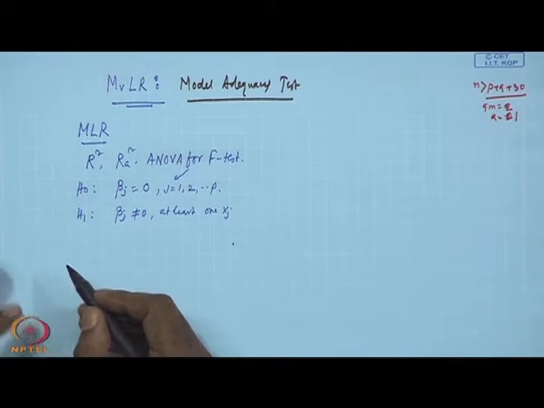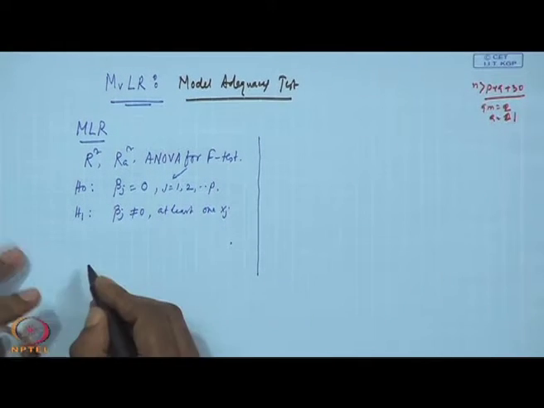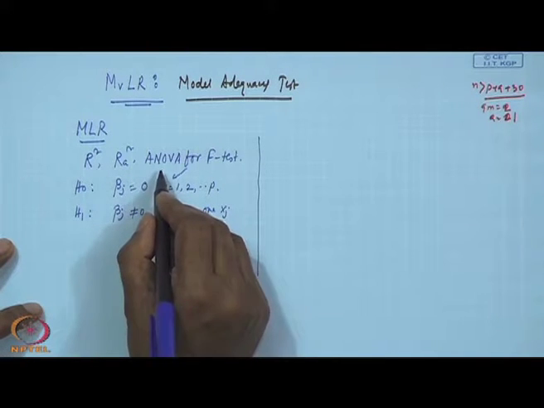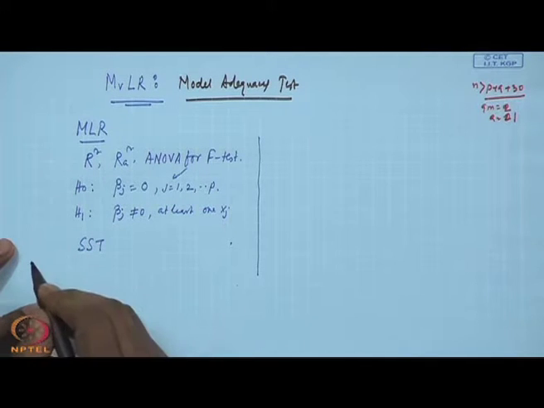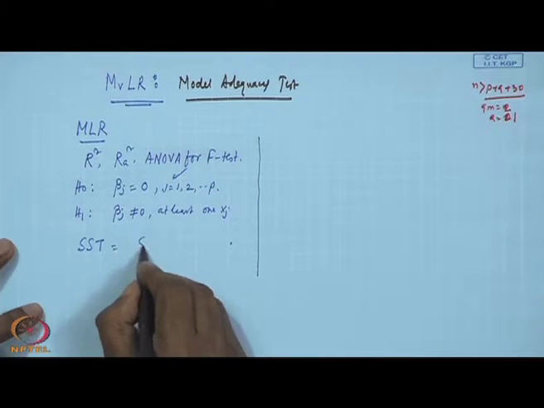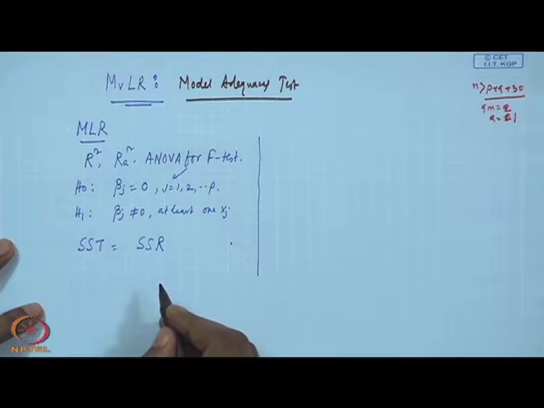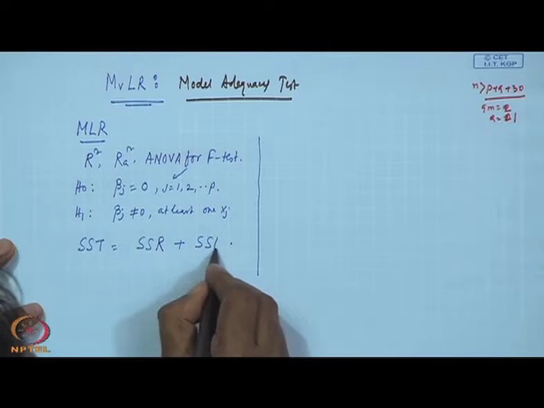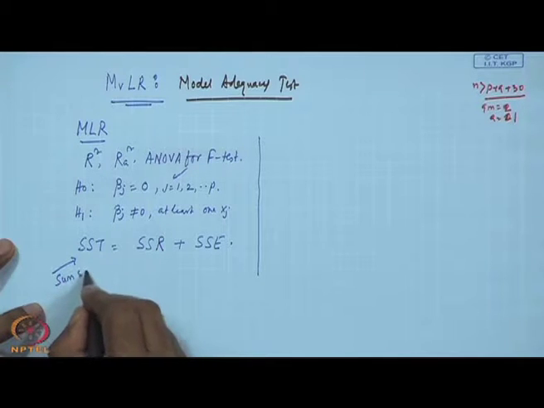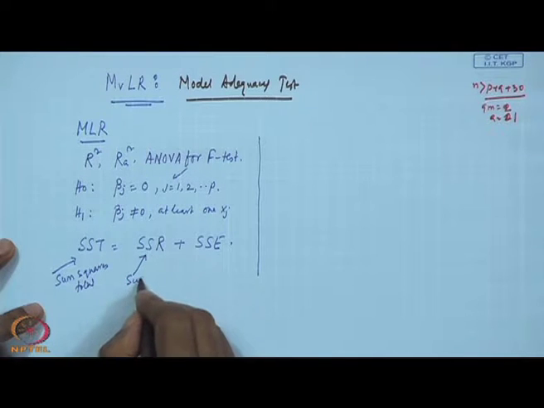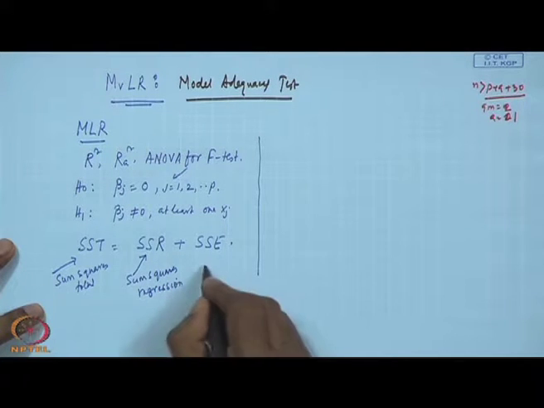In addition, while preparing the ANOVA table, we found that the total sum square, or sum square total, we partitioned into two parts, that is SSR plus SSE. That means the sum square total equals sum square regression plus sum square residuals or sum square errors.